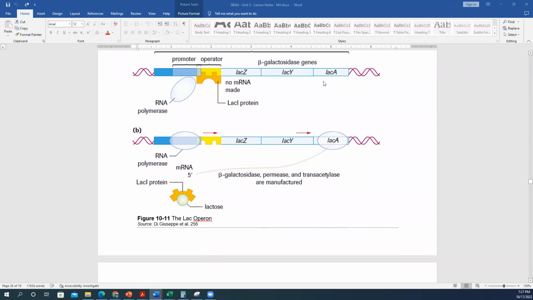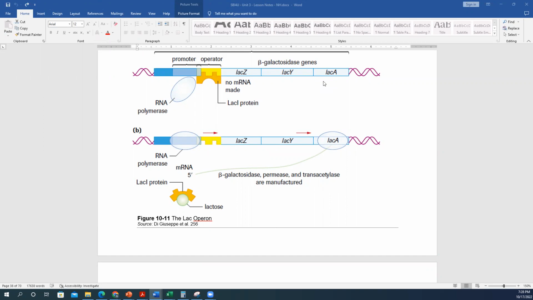If you don't have any lactose present in your media, suppose you're growing bacteria on a petri dish, or there's some bacteria lying around that doesn't have any access to lactose, you don't need to express these genes.